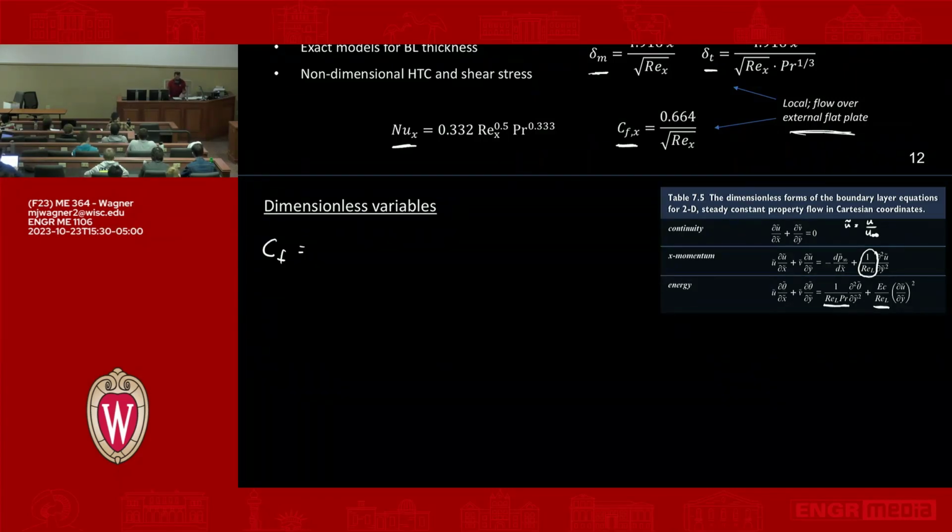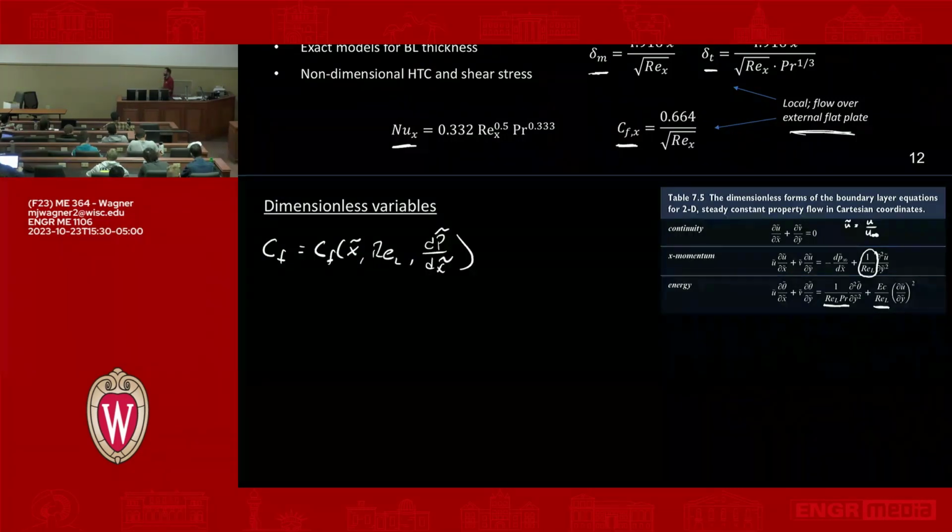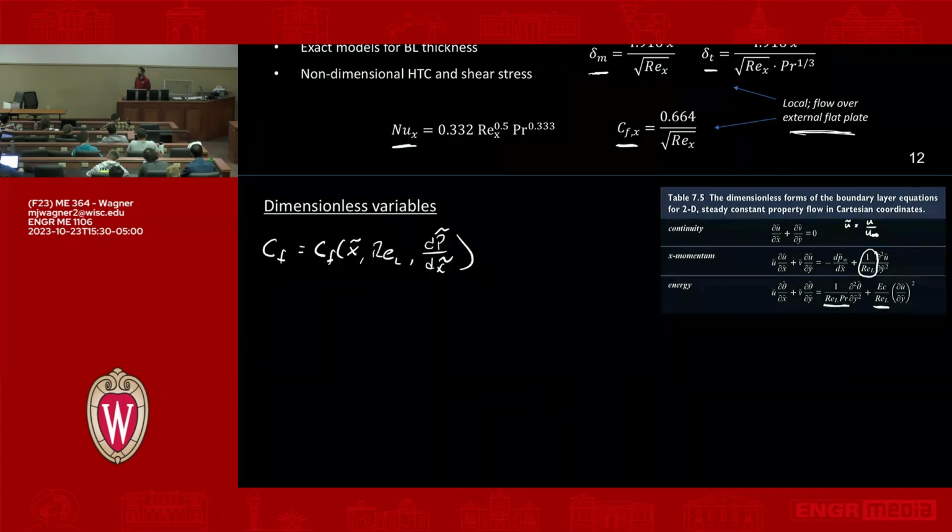So you want to stick with me through this slide. It's a little bit scattered, but we'd say I need a function that involves this stuff in continuity, which is X tilde, which is Reynolds number in terms of L, and which is this dp tilde dx tilde. So I would need some function that involves that stuff in order to capture the relationships there. So ultimately, when we look for a correlation, we're looking for correlations that involve that stuff.